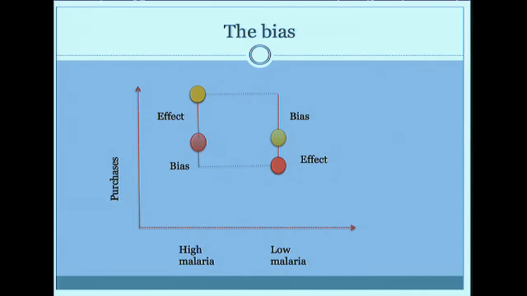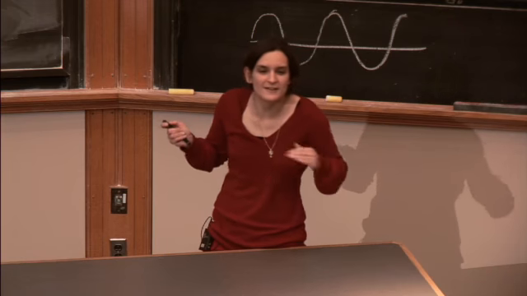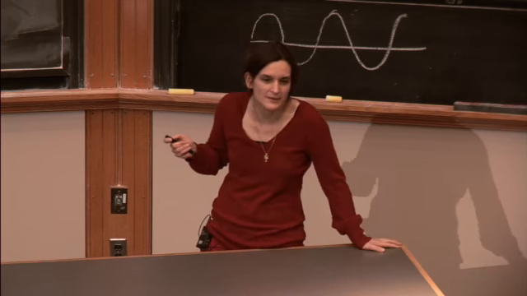So if you compare within a line the yellow to the red dot, you get the effect of the price. If you compare across columns within the same color, you get the effect of being in a high versus low malaria region. And you see that they tend to go in the same direction, which is what creates your bias.